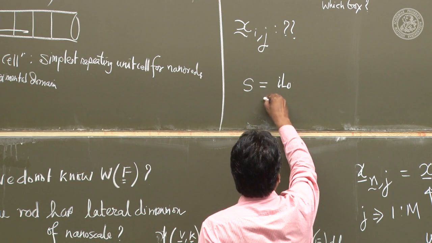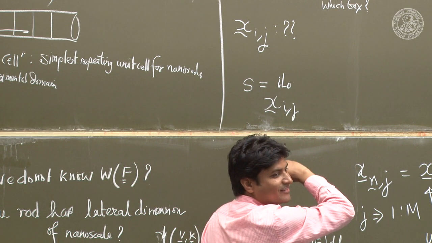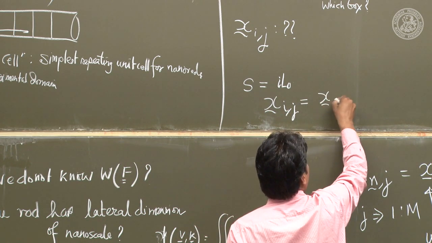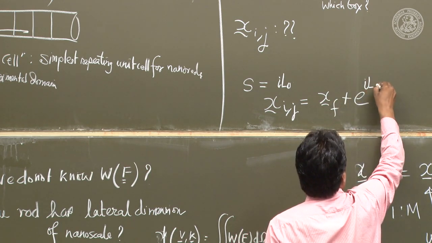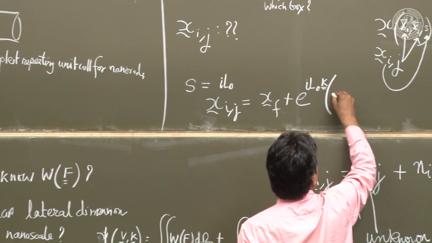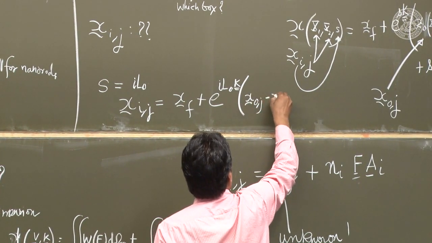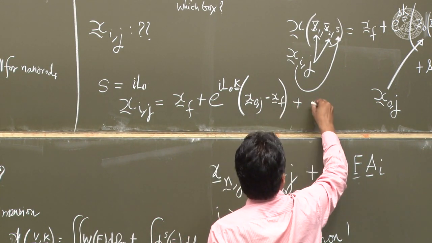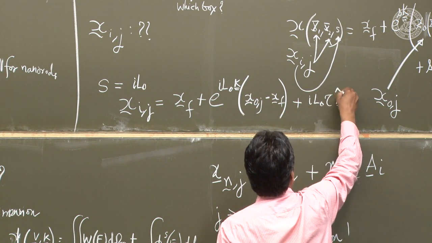And then everything works magically. Okay. Little x of f plus e to the power I L naught k times little x 0 comma j minus little x of f, plus I L naught tau times k hat.